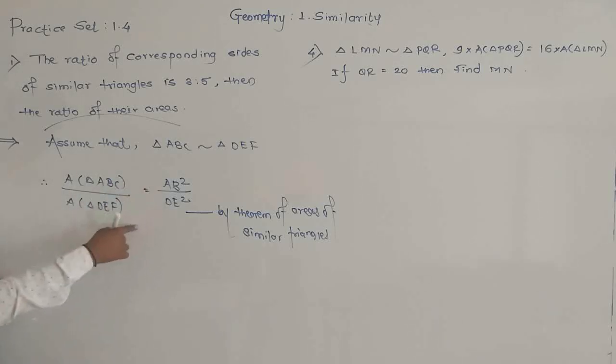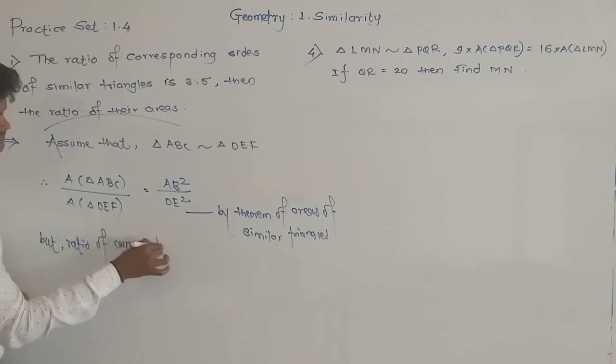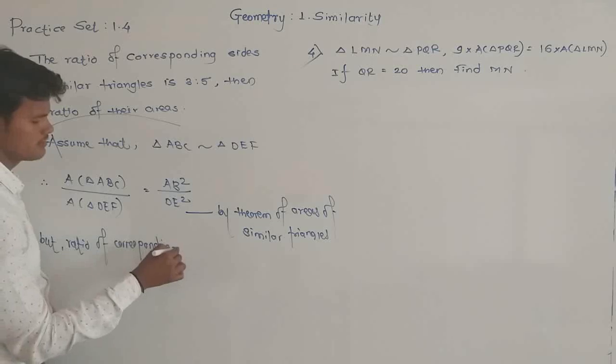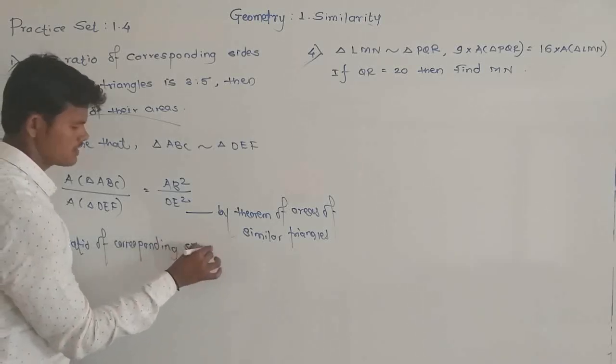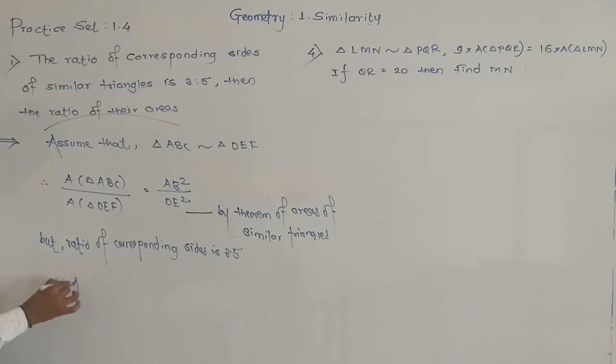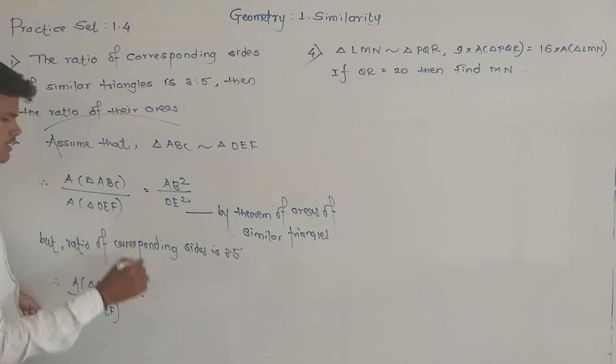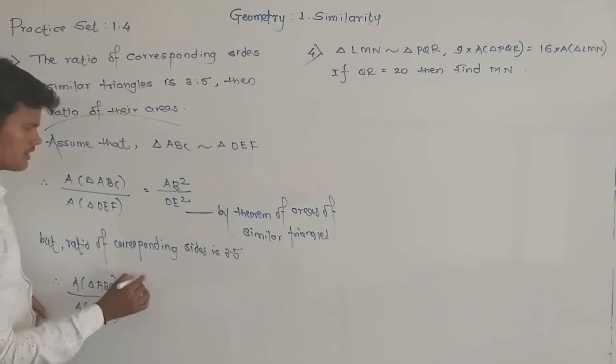Okay. Also given is the ratio of their corresponding sides, which is 3:5. So we get area of triangle ABC to area of triangle DEF. Here AB is nothing but 3 and DE is nothing but 5.